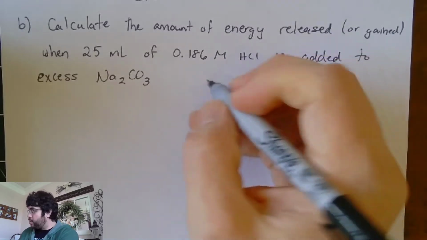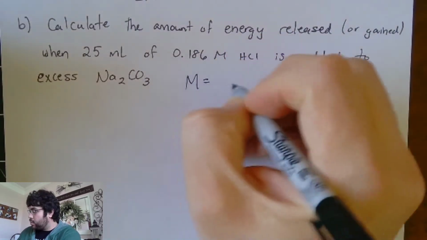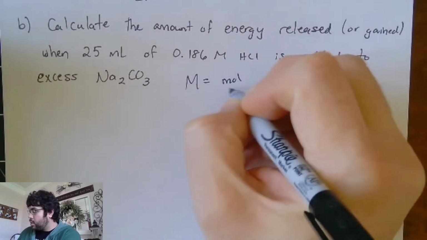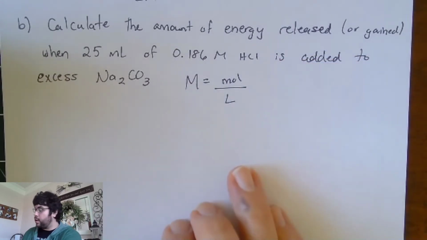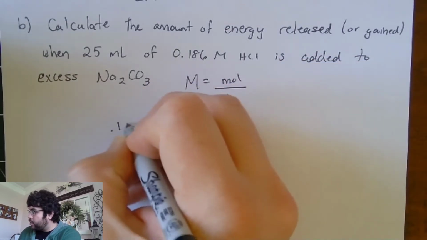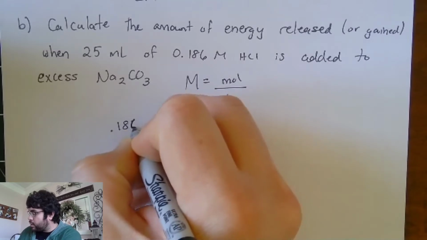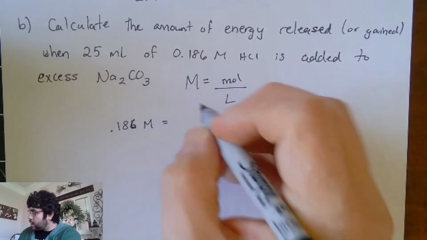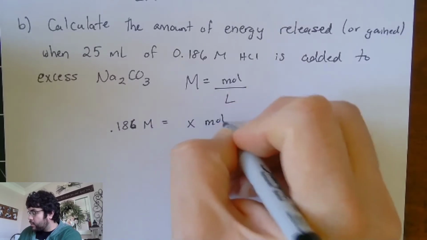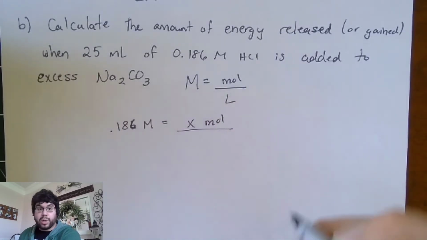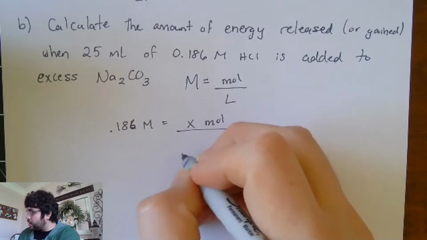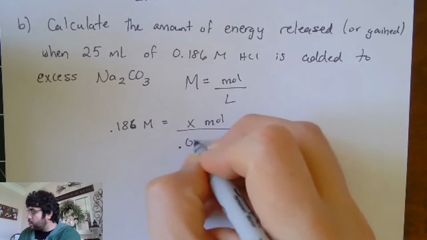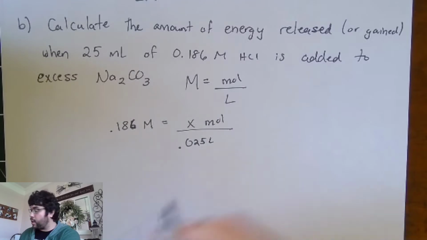So this is where we use molarity again. Remember, molarity is moles over liters. And so my molarity of this hydrochloric acid is 0.186 molar. I don't know how many moles that is, so I'll put X for it. And I have 25 milliliters of it, so it is a volume in liters of 0.025. All right?